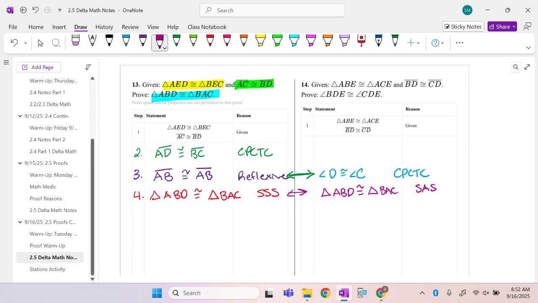Also, guys, when you're doing proofs, flow proofs help you a bit more. You can do a flow proof instead of a two column.